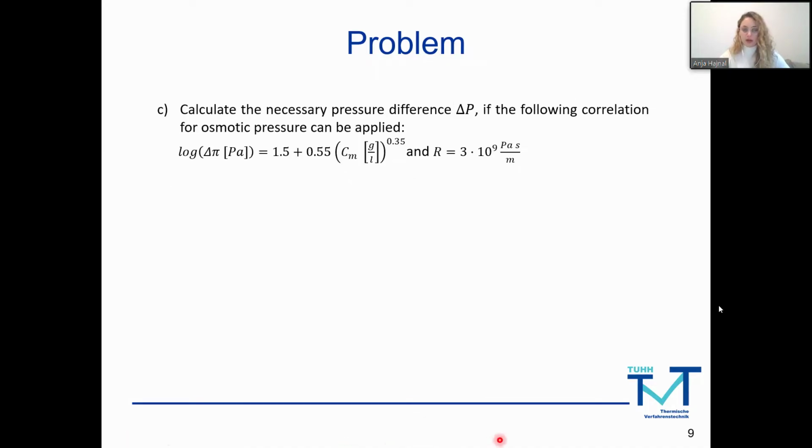The third task that we have for ultrafiltration is to calculate the necessary pressure difference, delta P, if the given correlation here for the osmotic pressure can be applied. So from this, you can calculate the osmotic pressure.